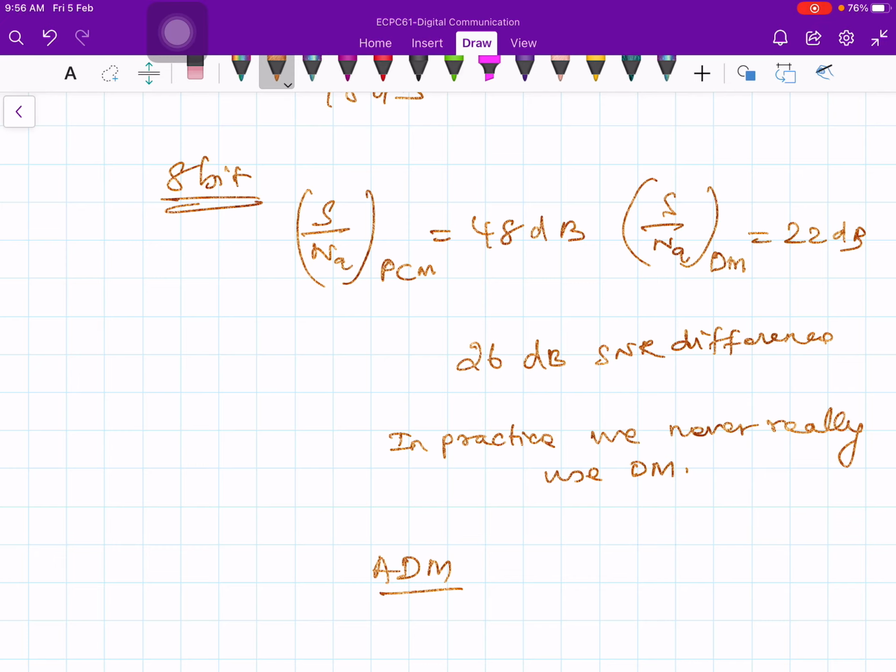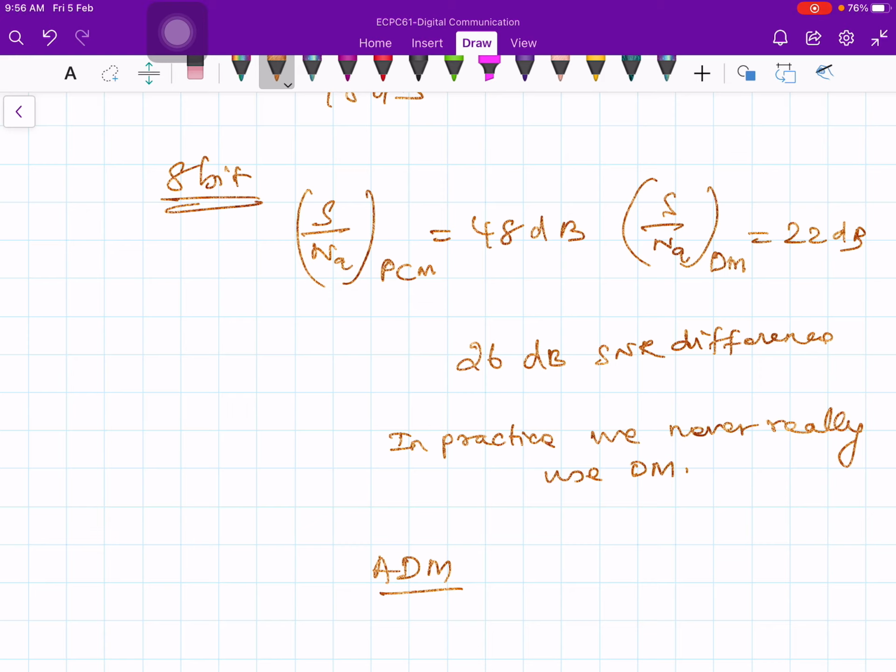Therefore, the net conclusion is that we cannot get the same kind of performance from a delta modulator as from PCM, but we can do so by using a suitable adaptive delta modulator.